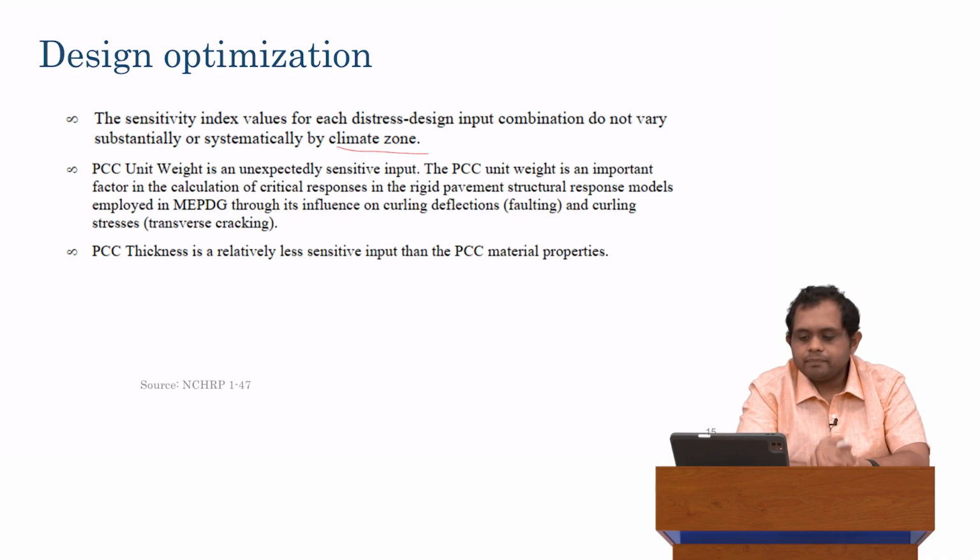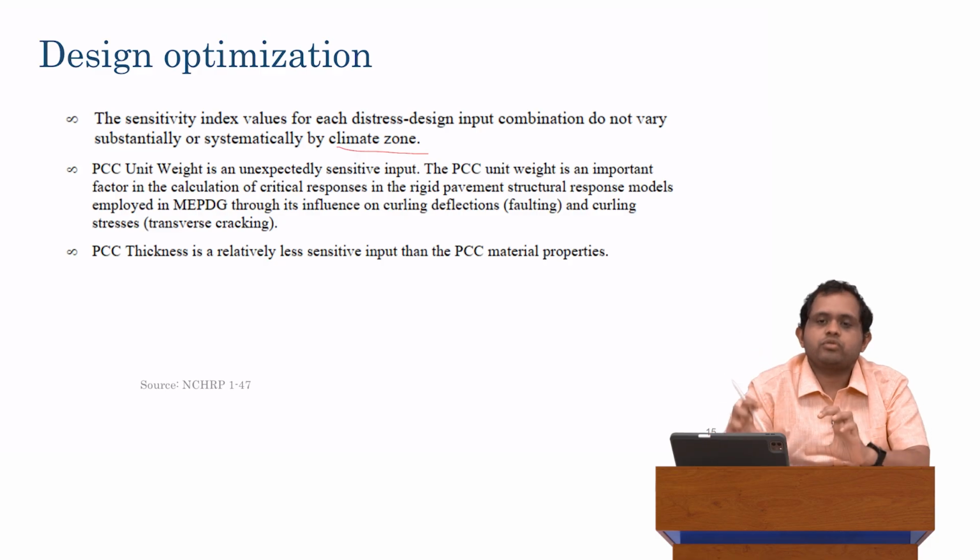That's an interesting finding. One of their interesting findings was the PCC unit weight. That's density times g, which would be called unit weight. The unit weight actually turned out to be quite a sensitive input. The PCC unit weight is an important factor in the calculation of critical responses in the rigid pavement structural model. It's basically the self weight of the slab.